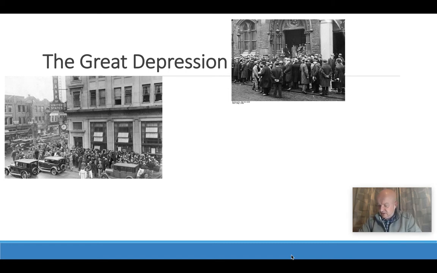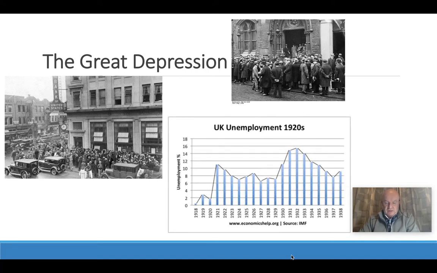It was really the US that was most badly hit, but it had a serious effect on the rest of the world. As a phrase that I often use: when America sneezes, the rest of the world catches a cold. To be honest, that was the principle here too. During the 1920s through to 1930s, UK unemployment was running at a significantly high level, so it wasn't just the US that was affected by the Great Depression.